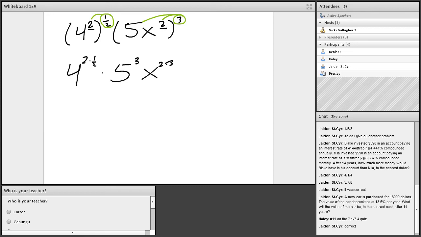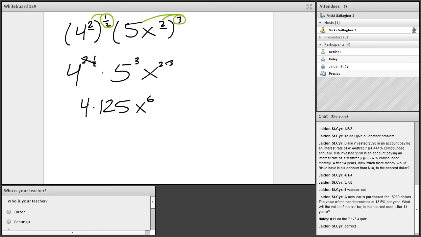For the 4, the 2 times 1/2, half of 2 is just 1. So this is just 4 to the 1st, which is really just the number 4. And then you can figure out 5 to the 3rd in your calculator if you need to. 5 to the 3rd is 125. And then for the x, I have to multiply the 2 and the 3, so that's x to the 6th.